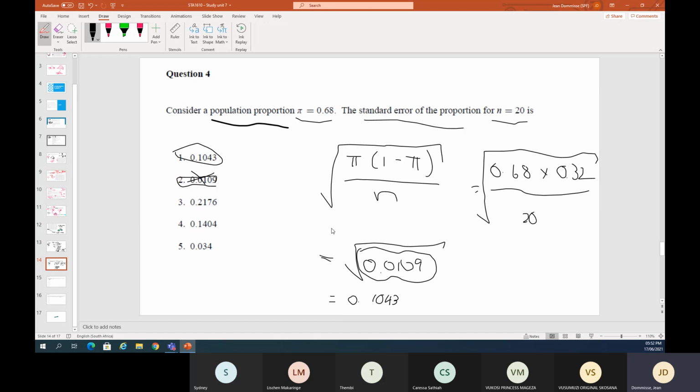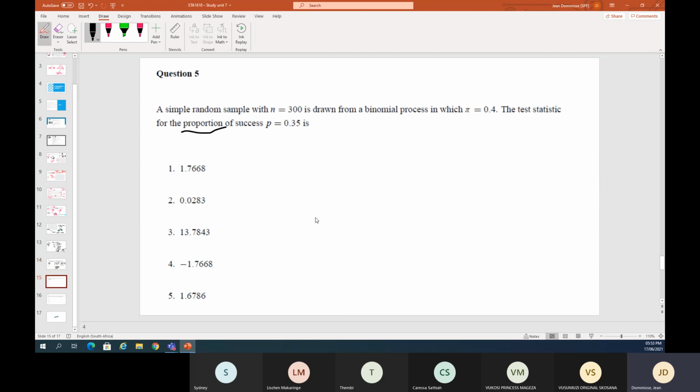So just remember to always look out for that. We need to remember to square root to get to the final answer.